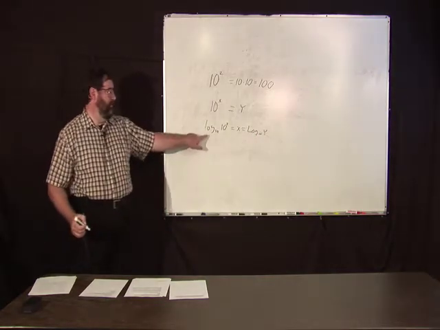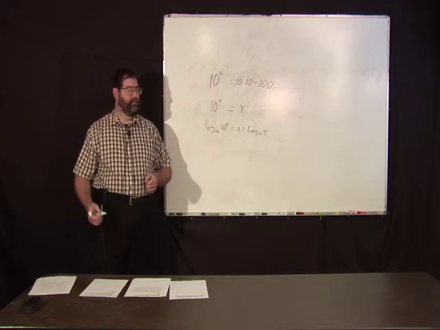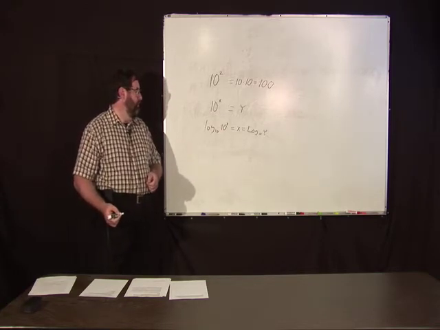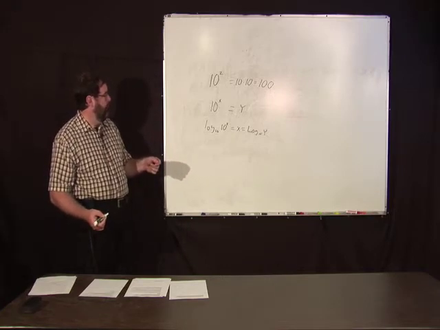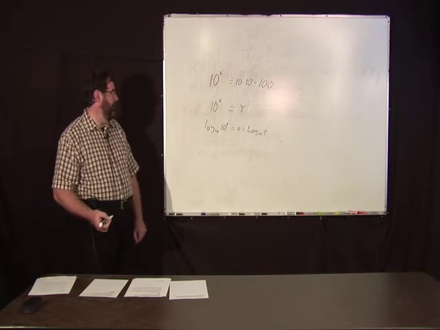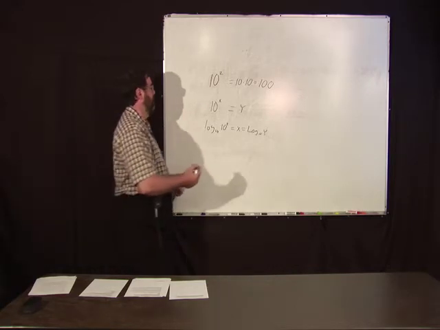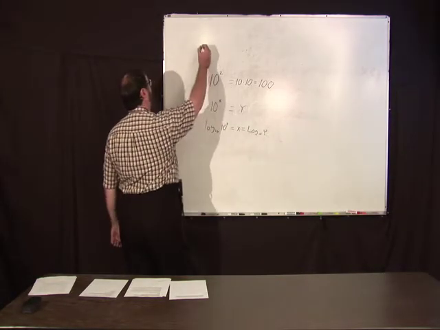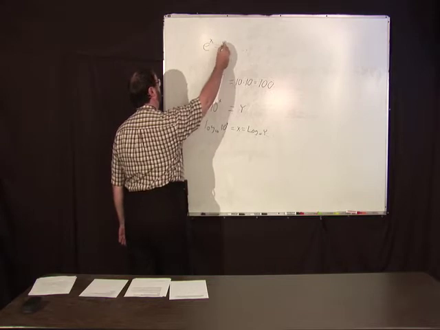Now you should have seen this in your calculator. You can have different bases in logs. You might have seen this in high school too, or maybe even junior high. So basically the log undoes taking something to a power. There's a special log that undoes this special number: e to the x equals something.